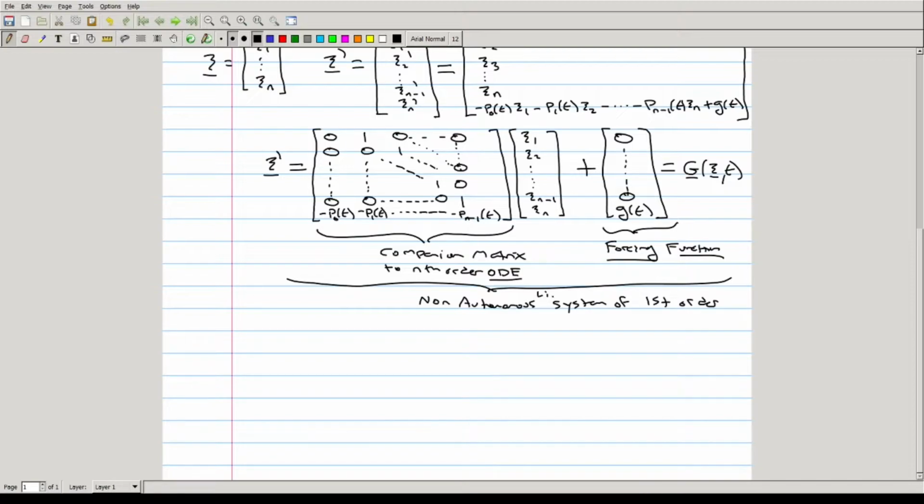It's a linear system, which is equivalent to the nth order ODE above.